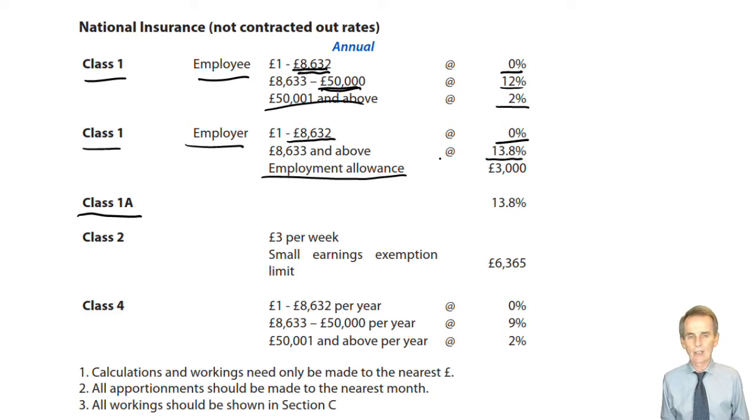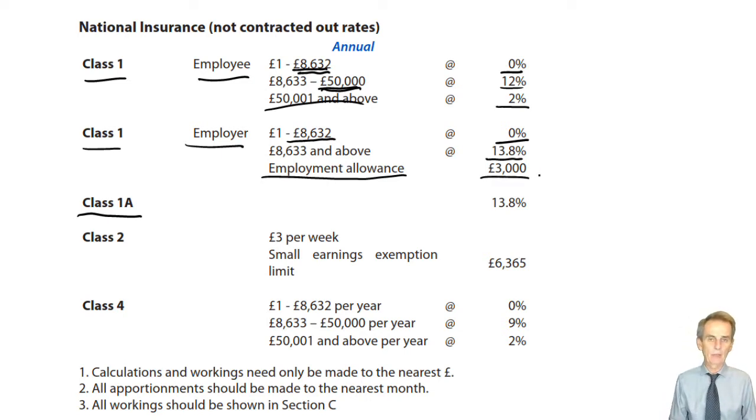It is a deduction that is made from the total of all of the employer's Class 1 NICs. But that employment allowance is a £3,000 deduction. Again, we'll see reference to that in the detailed notes in a moment.